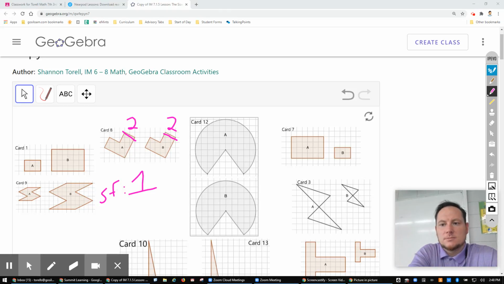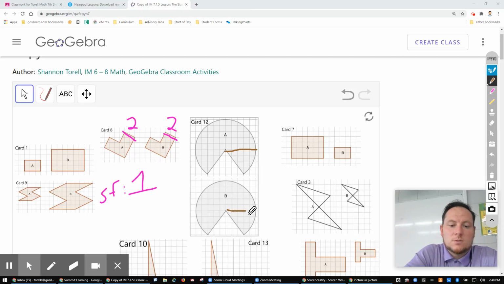So let's look at this other one. Let's look at 12. So we can take it at any point we want to as long as it's the same on both. So let's take it from here over. And we have what? 1, 2, 3, 4, 5 squares. On this one, we have 1, 2, 3, 4, 5 squares.